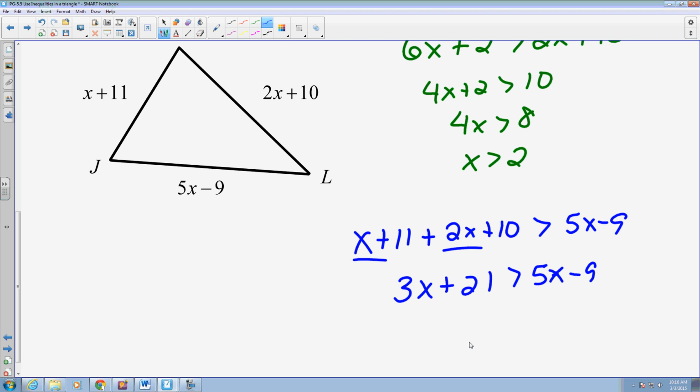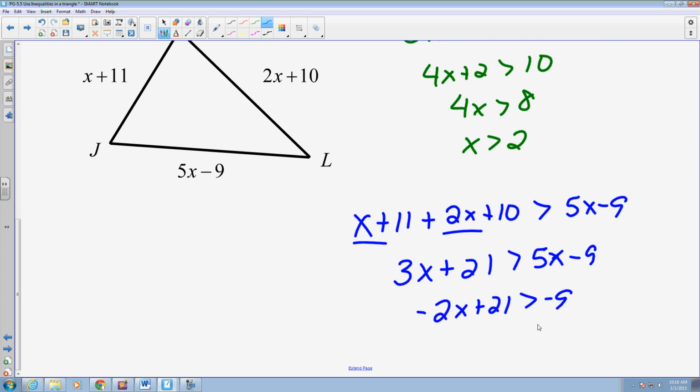I subtract 5x from both sides, so I get negative 2x plus 21 is greater than negative 9. Subtract 21 from both sides, so I get negative 2x is greater than negative 30.